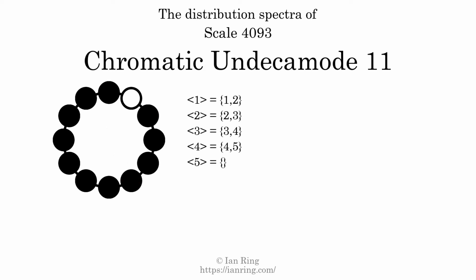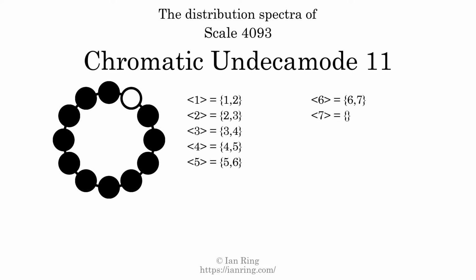The generic interval of 5 scale steps comes in two different specific interval sizes. 5 semitones and 6 semitones. The spectrum width of this generic interval is 1. The generic interval of 6 scale steps comes in two different specific interval sizes. 6 semitones and 7 semitones. The spectrum width of this generic interval is 1.